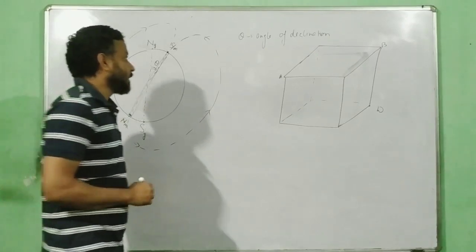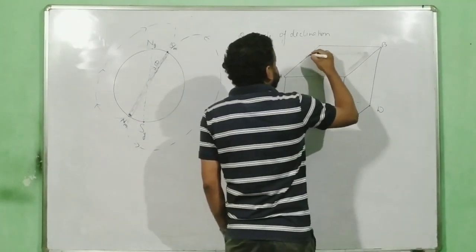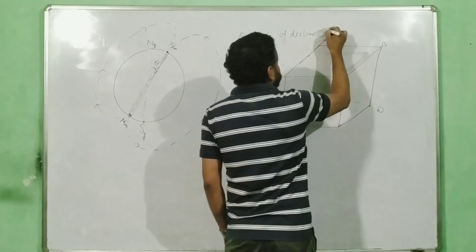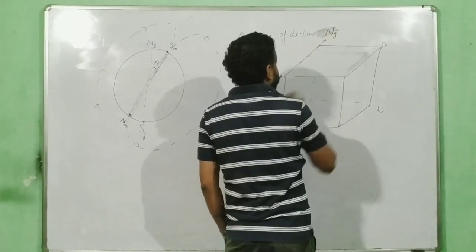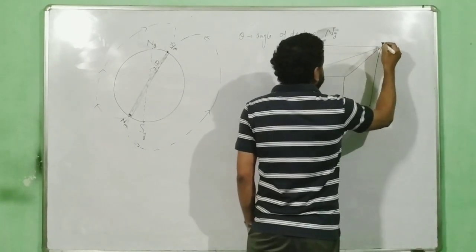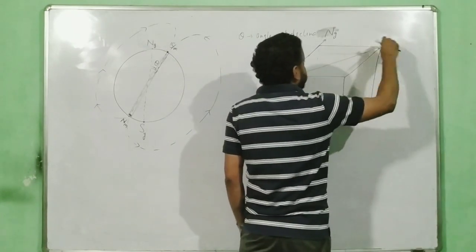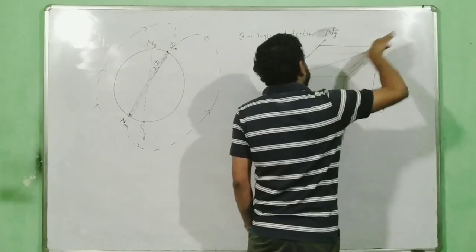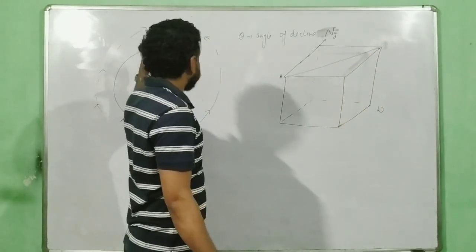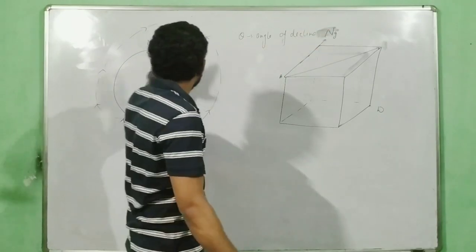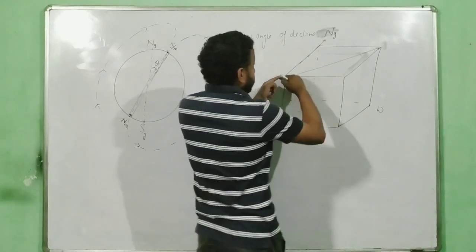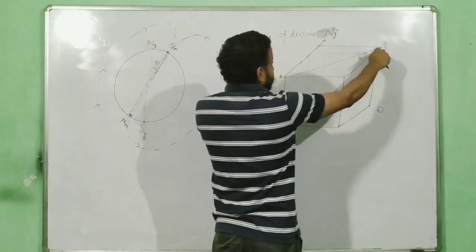Don't forget this. Now if I consider that this is my north direction, which north? Geographical north. And let us say that this direction is my south pole, or you can say that this is my geographical meridian pointing towards the north. Geographical meridian, this one. So this will be what?